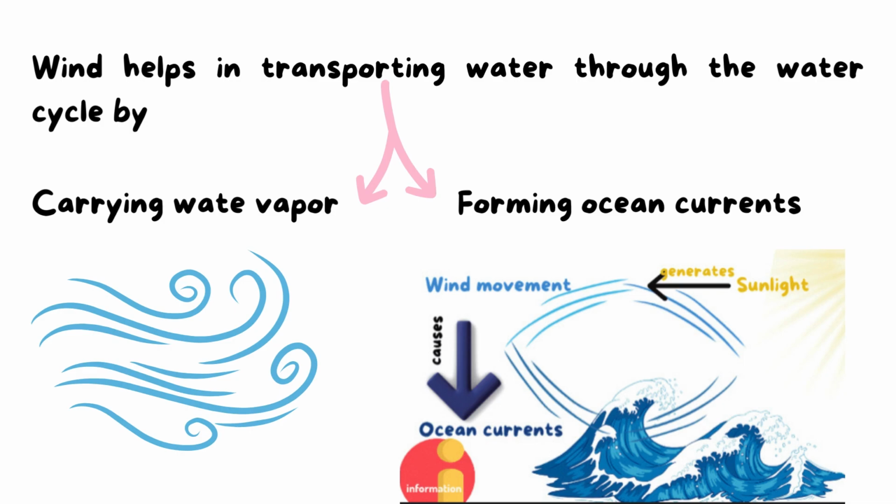The ocean currents. So wind helps in transporting water through the water cycle by carrying water vapor and forming ocean currents.